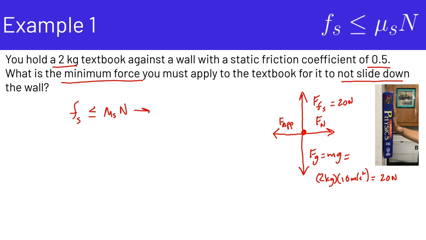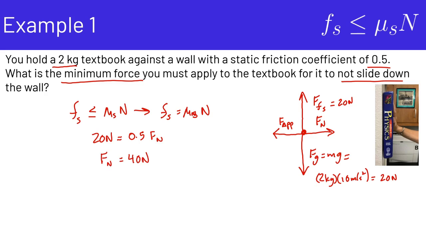So 20 newtons is equal to 0.5 times the normal force. Divide both sides by 0.5, the static friction coefficient, and we end up with the normal force equal to 40 newtons.